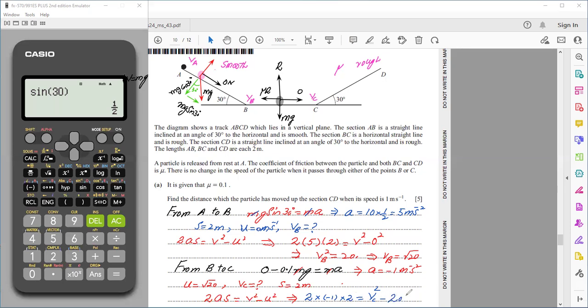So when you calculate, if I'm not wrong, that becomes minus 4 plus 20. So VC square becomes 16. You have to note down these values.